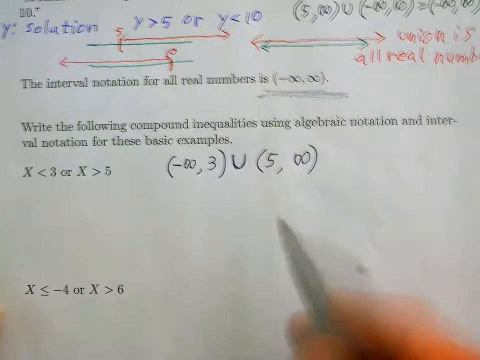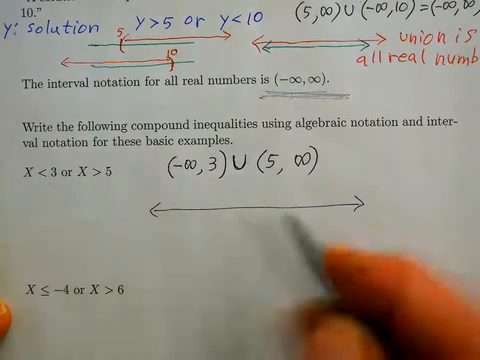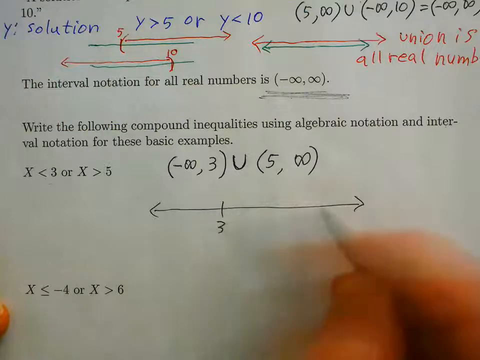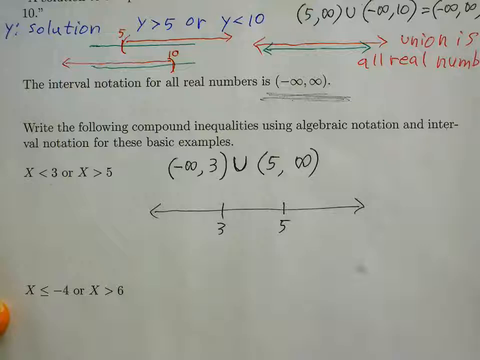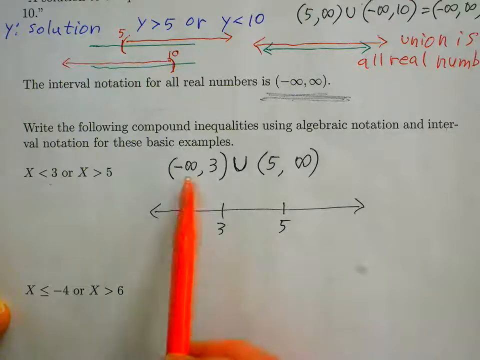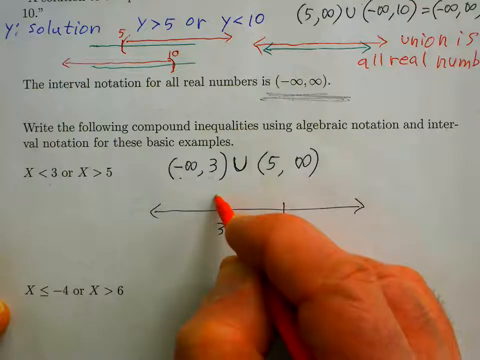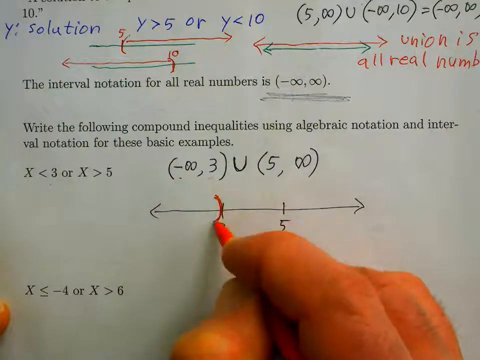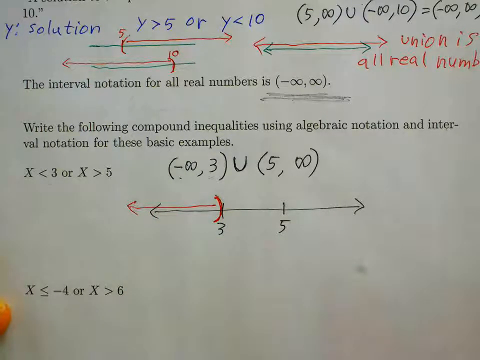I guess it doesn't hurt to sketch a graph of this. So the finite numbers are 3 and 5. So this set of numbers from negative infinity to 3, excluding 3, we put a parenthesis that opens to the left. Then we shade to the left.